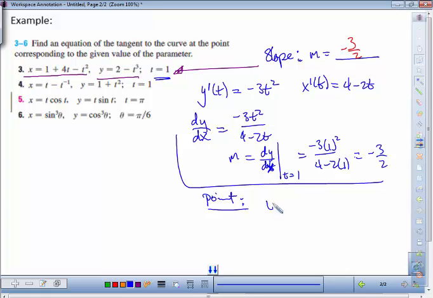So when t is equal to 1, your x is equal to, let's put 1 in for t in your x value. I think that's 4. And then your y value, when you put 1 in for t, is 1. So 4 comma 1 is your point.